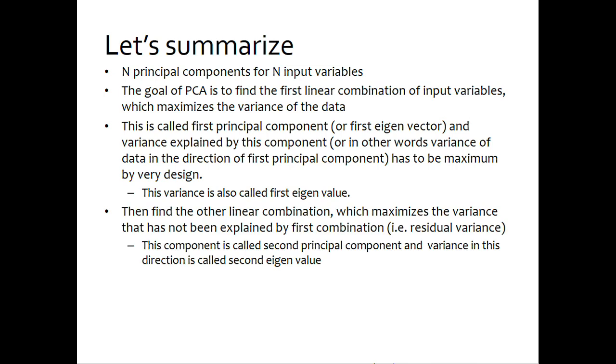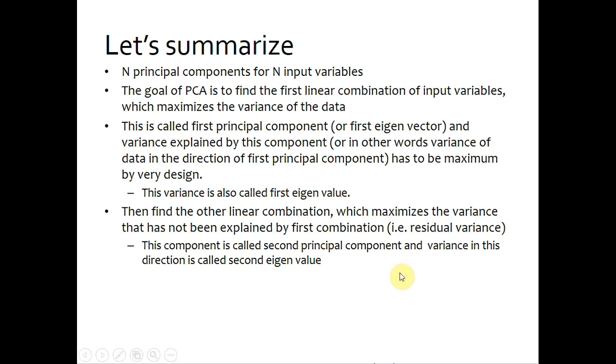After that, whatever variance is left over, you try to find the dimension which explains the maximum of the residual variance. The variance of the data points in the direction of the second axis, which explains the maximum of the residual variance, is called the second eigenvalue or the variance of the second principal component.